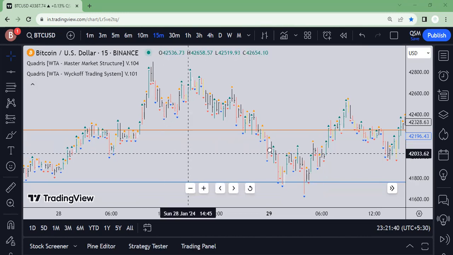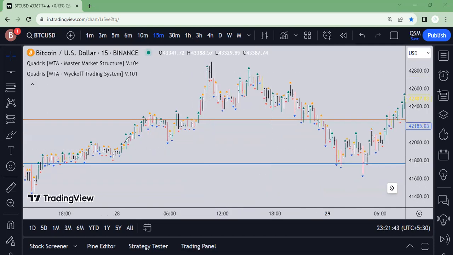And here also you can see buying, selling came into picture, selling, buying. This is a great sign that this is a congestion, not an absorption.